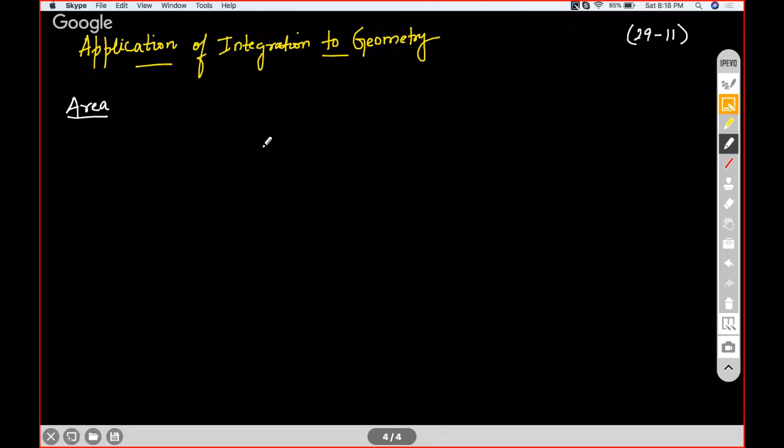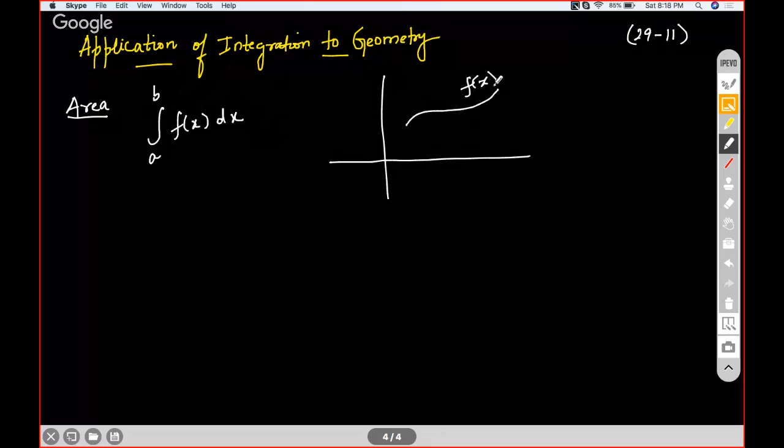Okay, so first thing that we are going to apply our concept of integration to, as we have already discussed, is this area. Now, when I said area that time, I also discussed with you that this expression actually signifies the area between the function and the x-axis. So basically, your x-axis is nothing but y is equal to 0, right?